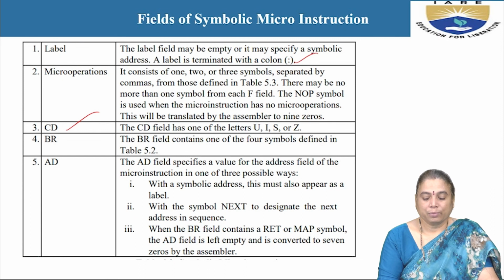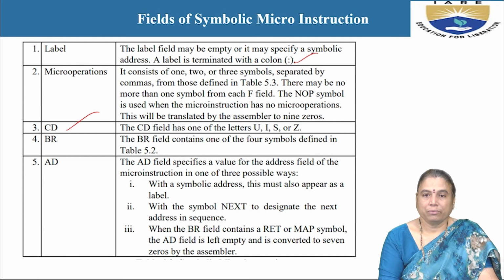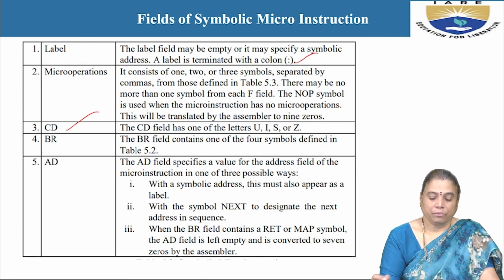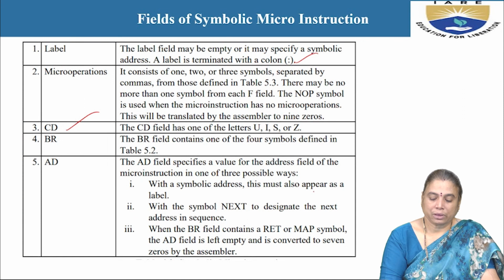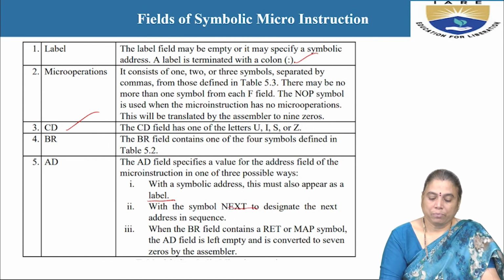The address field specifies a value for the address of the micro instruction in one of 3 possible ways. The first one is with a symbolic address. This must appear as the label. Second, with the next to designate the next address in the sequence. When the BR field consists of return and map symbols, the address field is left empty and it is converted to 7 zeros by the assembler.